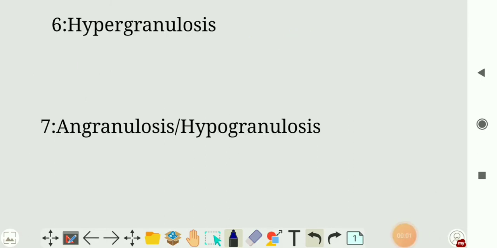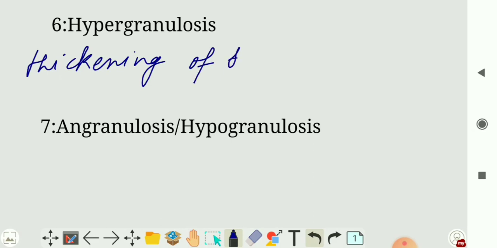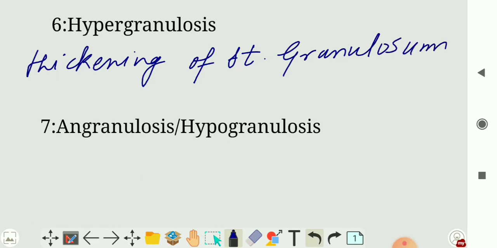Let's talk about another histopathological finding, that is hypergranulosis. It is the thickening of stratum granulosum, and this thickening of stratum granulosum is seen in lichen planus.